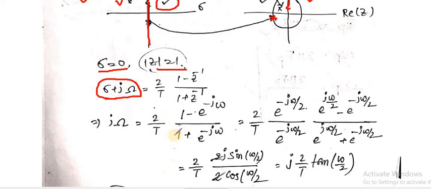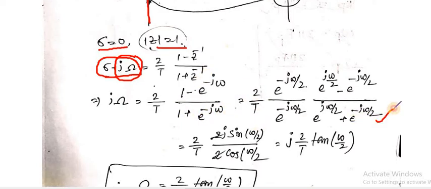Now if we equate the real and imaginary parts, this is the imaginary one, j omega. With Z equal to r to the power j omega, where r is equal to 1 here, we get 2 by T and basically this equation.